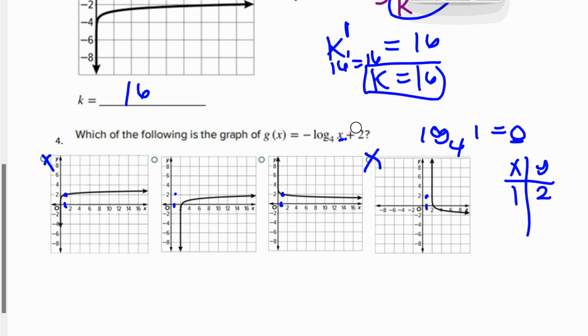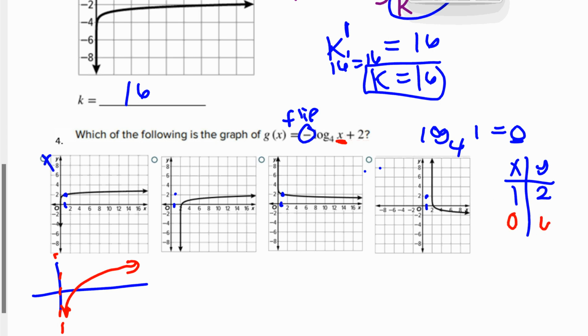And then traditionally, I know a negative out front is going to flip it. So like I said from the other graph, normally it looks like this, right? It has this vertical asymptote through here, and that's always what makes this 0. What makes that 0 would be undefined. Okay, so that means I should have a vertical asymptote at 0, which I do here, and I do here.